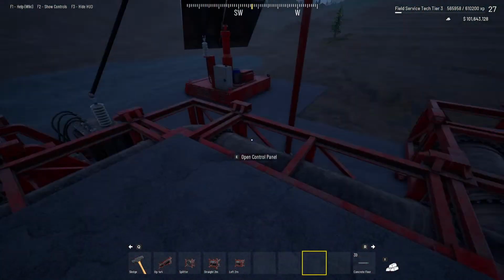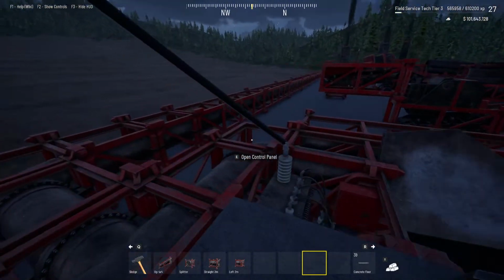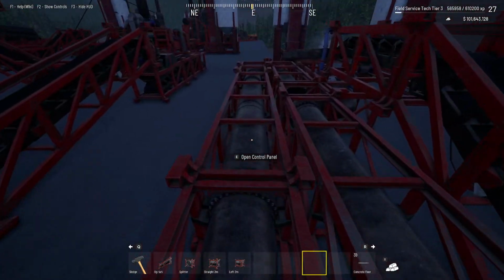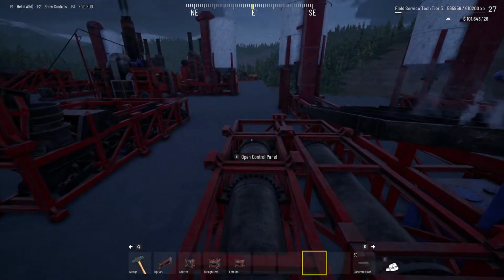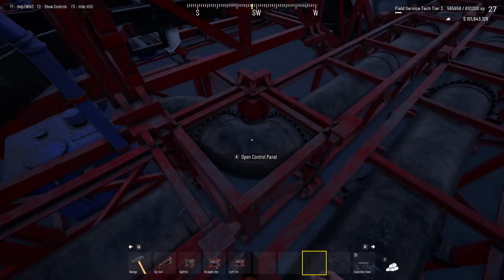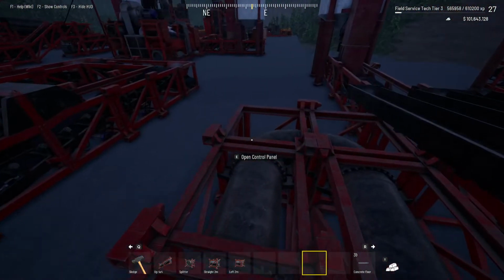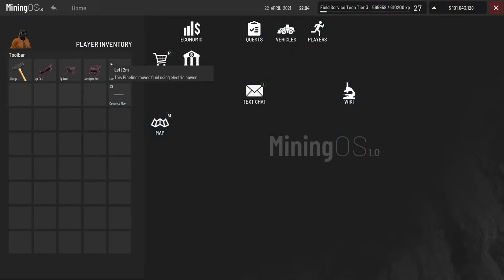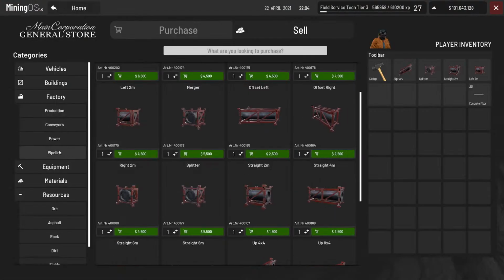Okay, and this will be 10, and that will be 1, 2, 3, 4, 5, 6, 7, 8, 9, 10, 11, 12, 13, 14, 15, 16, 17, 18. I could add 2 more and actually make it 20. Okay.